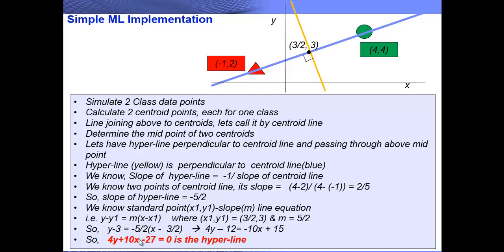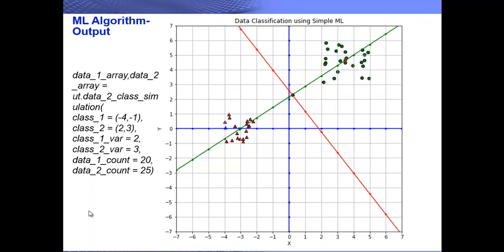I think we have seen that in the comments in the Python program, right? So let's see the results. I think we have already seen this by running the program, but now I'm just showing it. This time the class 1 cluster was at -4 and -1, and class 2's cluster was at 2 by 3 here.